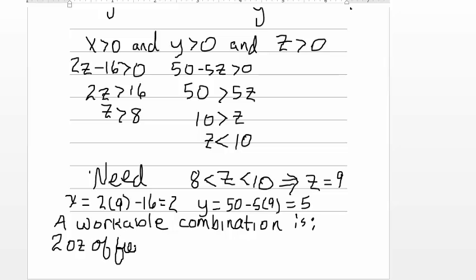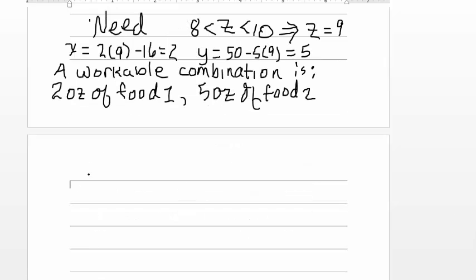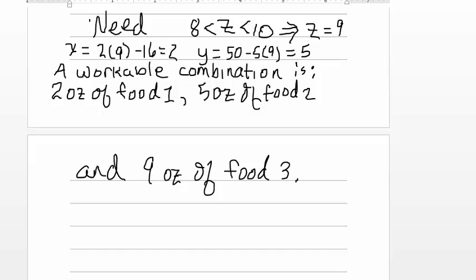So a workable combination is 2 ounces of food 1, 5 ounces of food 2, and 9 ounces of food 3.